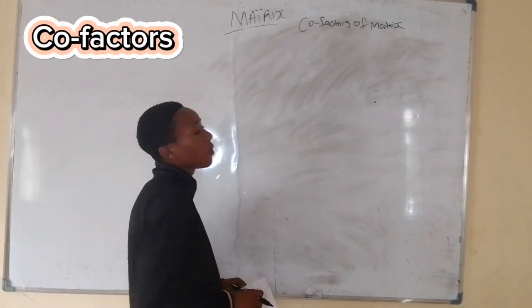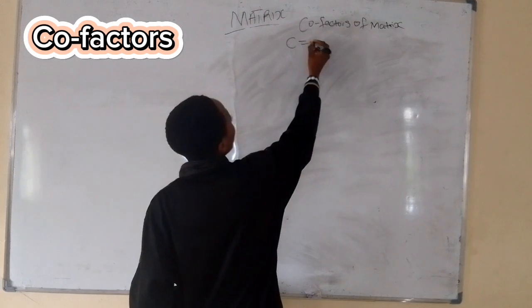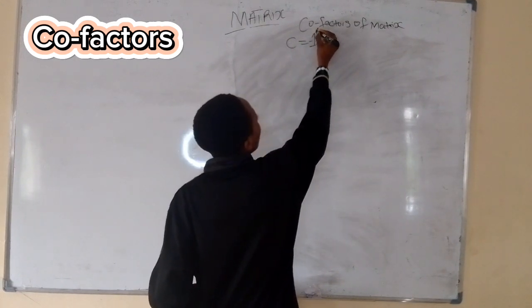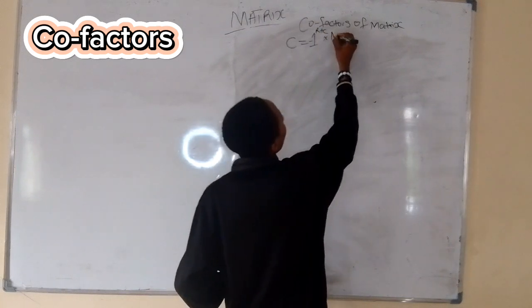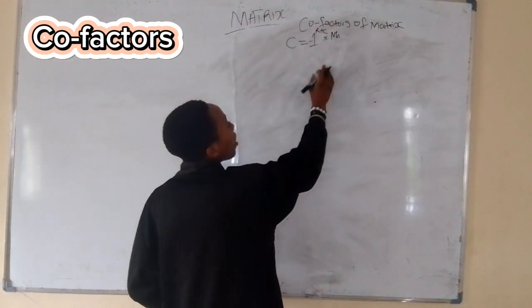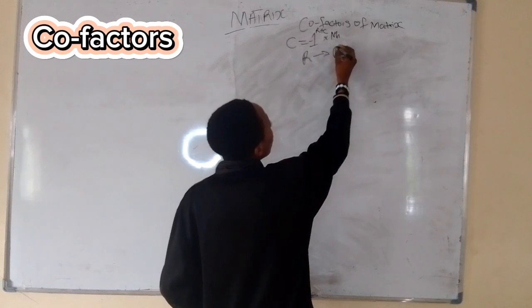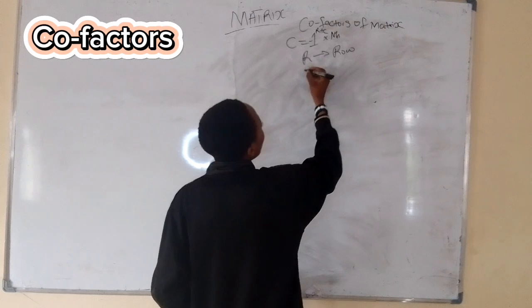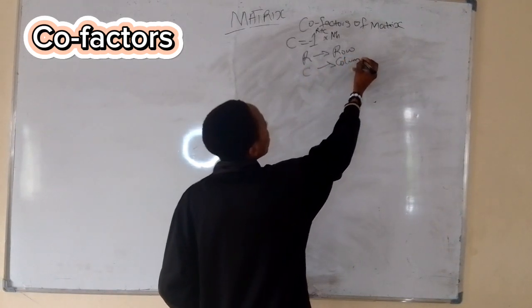Okay, now the formula for solving the cofactor of a matrix. Your minus 1 comes with the formula. Your R is equal to the row of the element you want to use. Then your C is equal to the column of the element you want to use.